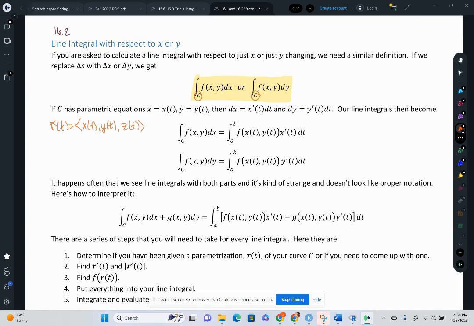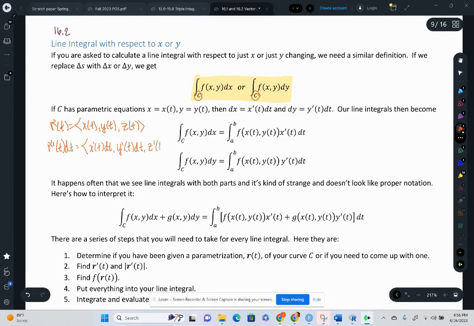And then from that, we can find r prime of t dt, which is equal to x prime of t dt, y prime of t dt, and z prime of t dt.